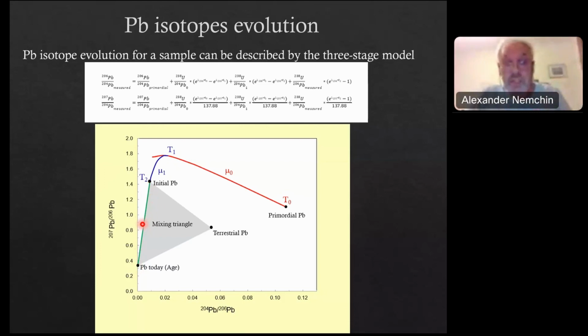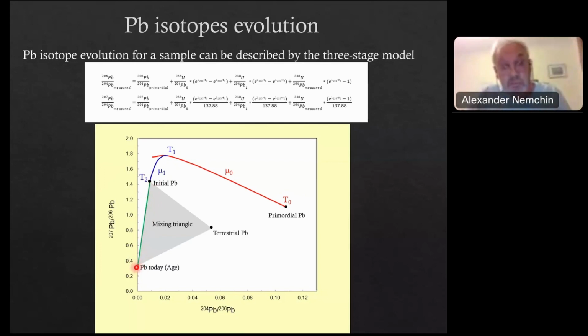Anything without initial lead is going to be in this lower corner, and that would represent our age. We can calculate the age from this value. It is also the intercept of this green line with the vertical axis, so in many cases we're looking for this intercept.